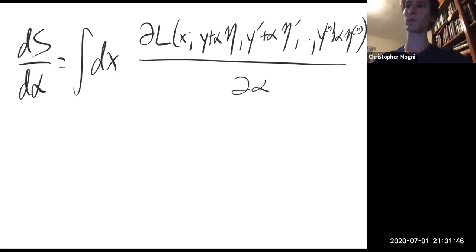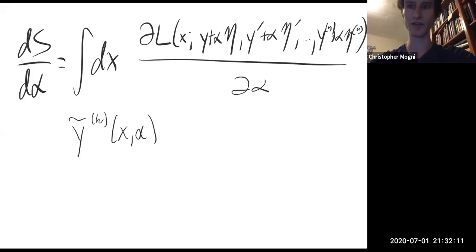This was something that a couple of you came to me and were unclear of how to actually get the derivatives out, just in the book for when you only have y prime and we don't have these higher derivatives showing up. I'm going to show you how that works here. So I'm going to define y tilde_k, which is a function of x and alpha, and this is going to be equal to y_k plus alpha eta_k.